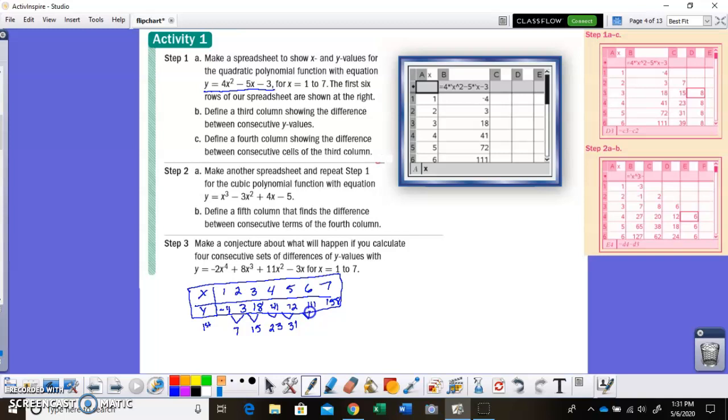And 111 minus 72. Notice I'm always doing the second term minus the first term. It's getting us 39. And 158 minus 111 should get us 47.